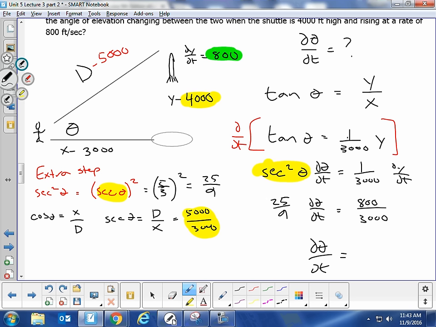Yep. I get 12/125. Check your work. Now, this is a change in an angle. We do these in radians per whatever time measurement. Okay? Again, see how this is a little bit more intense than last week's problems.